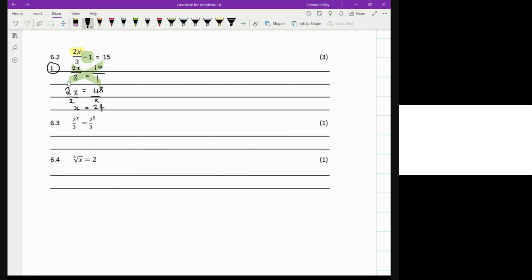The other method we could do is 2x over 3 equals 16 over 1. Remember now, when we have fractions in an equation, we want to get every single term, whether it's on the left-hand side or the right-hand side, to have the same denominator. And once we have the same denominators, we can then drop our denominators. Think about what an equation is.